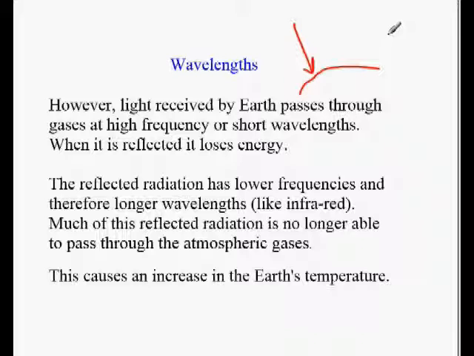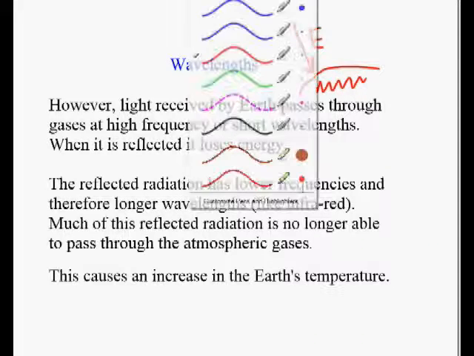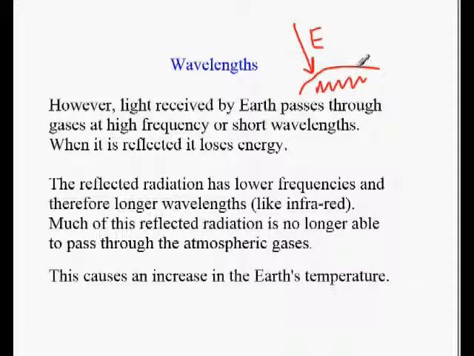And it comes in at some certain wavelength with some certain energy level. So it's got a lot of energy, shall we say. Now the Earth is going to absorb a lot of that energy, and so when it bounces back, it's at a smaller energy level than it was when it came in.